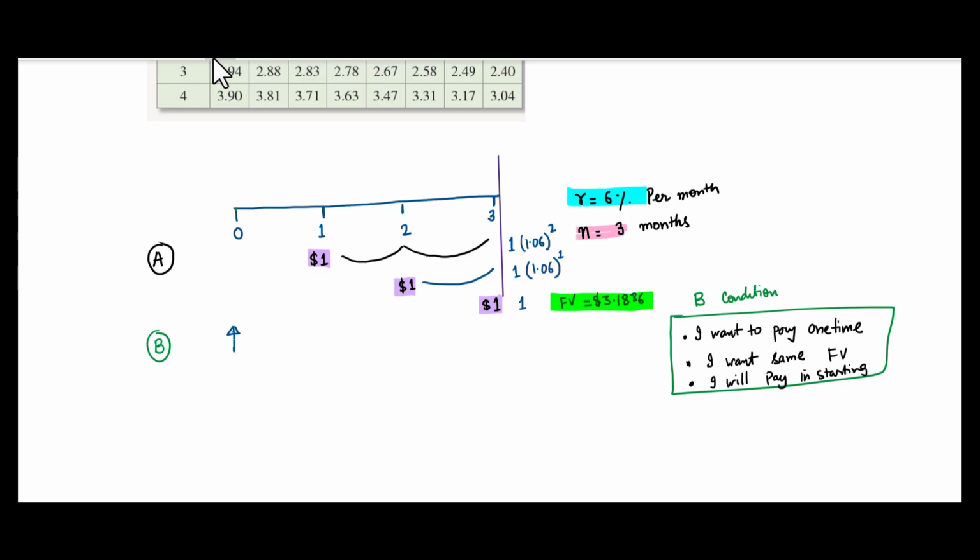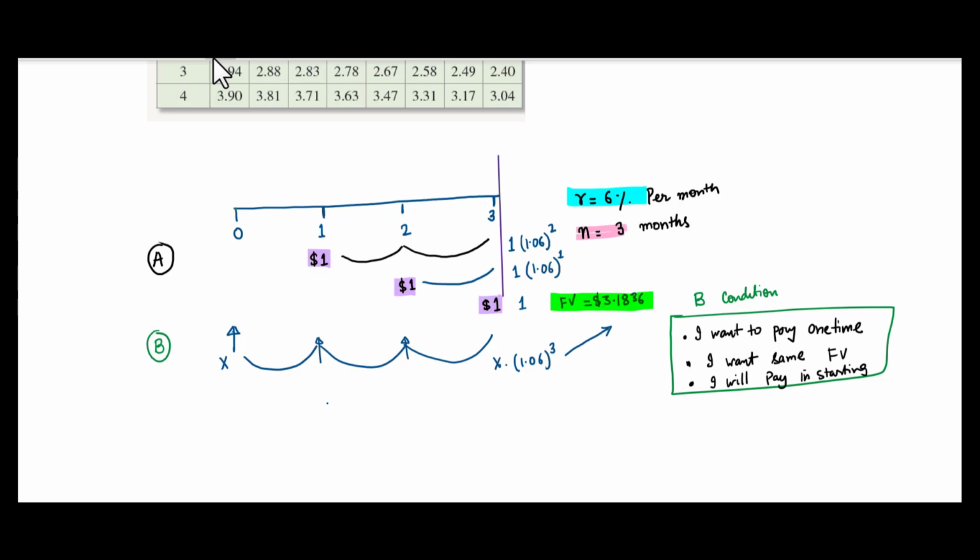So let's say he is paying X dollars at this point and he will not pay anything else up to 3 periods, but this X will become, in 3 compoundings, same interest rate, same period, X into 1.06 cube, because the compounding will happen 3 times for this X amount, and he wants this value to be equal to this value.